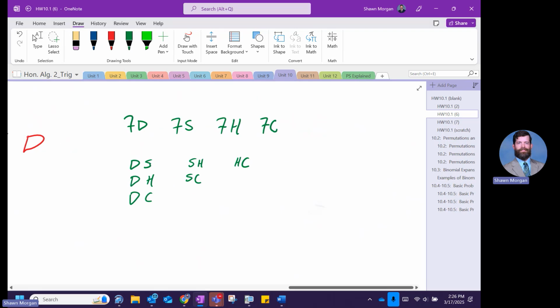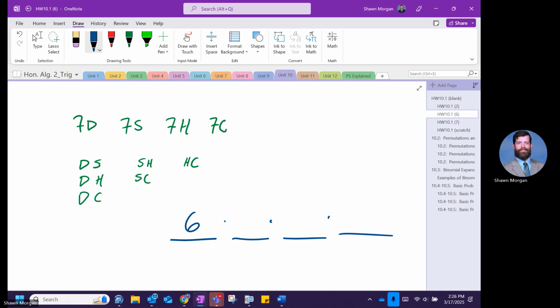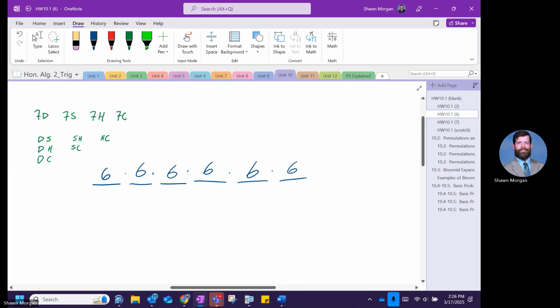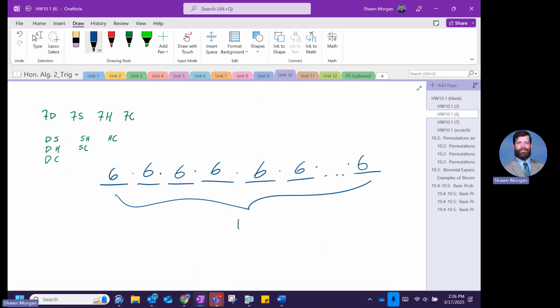Okay, think fundamental principle of counting. There's 6 pairs of 7s. How many other denominations are there? 13. So I'm going to say 6 times 6 times 6, dot, dot, dot, times 6, 13 times.